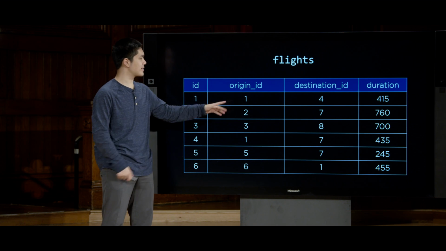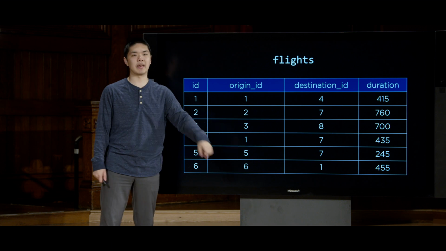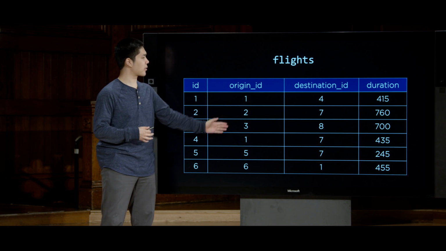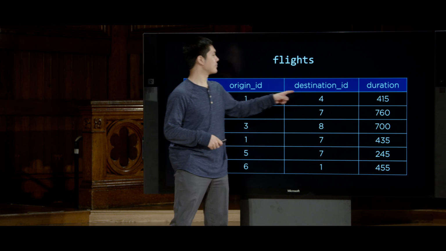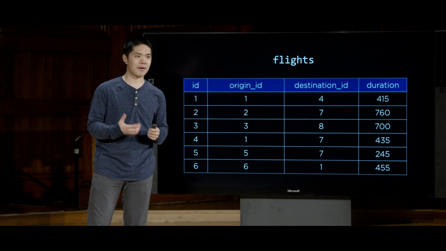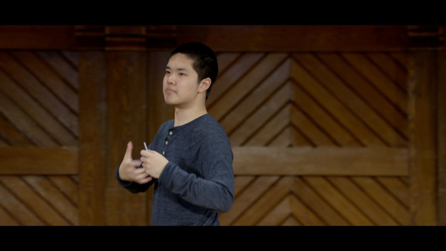Any given flight has an origin ID, meaning which row in the airports table is represented by the flight, and then which row in the airports table is going to represent the destination for that flight. So we took one table and effectively split it up into multiple tables, each of which ultimately had fewer columns.